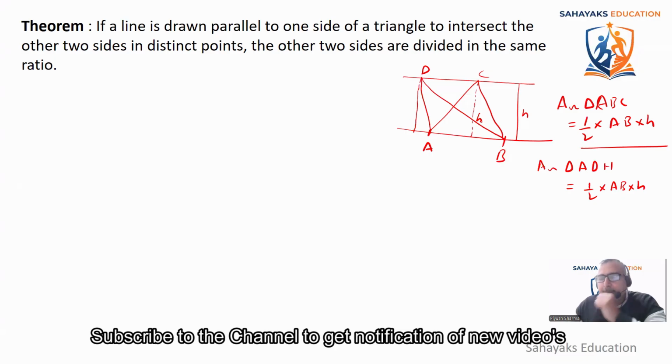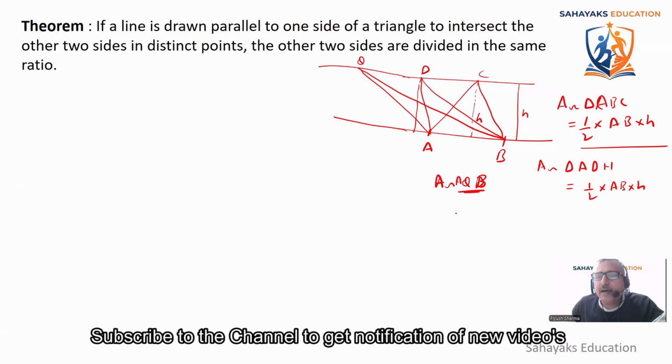Even if I extend this line as a parallel line, see, this is not drawn exactly parallel, but consider these are parallel lines. Now, if I make another triangle with base AB, and this point is, say, Q, what is the area of triangle AQB?